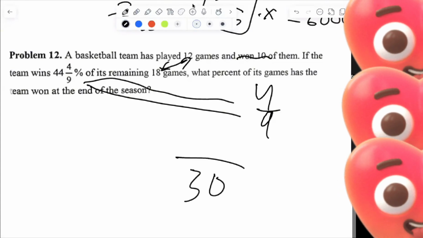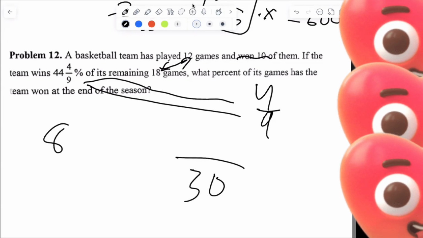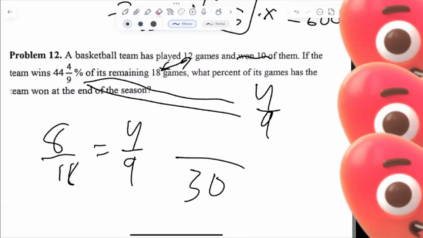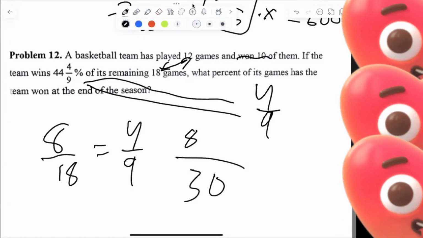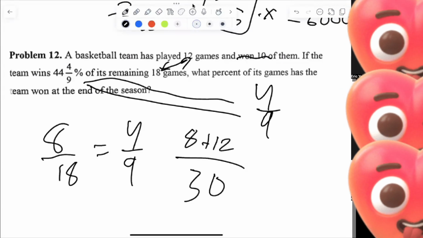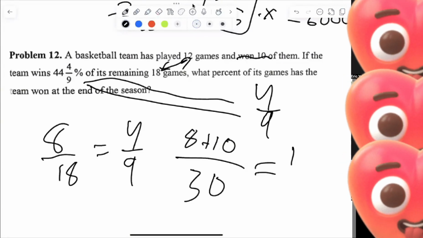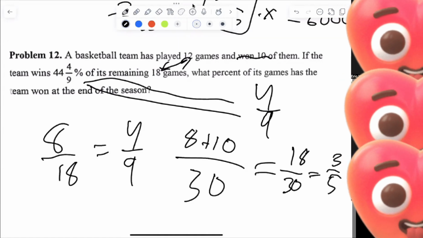Meaning that 8 out of 18 games were won. So 8 out of 18 is 4/9. So there's 8 games plus 10 games won, 18 divided by 30 is equal to 3/5.